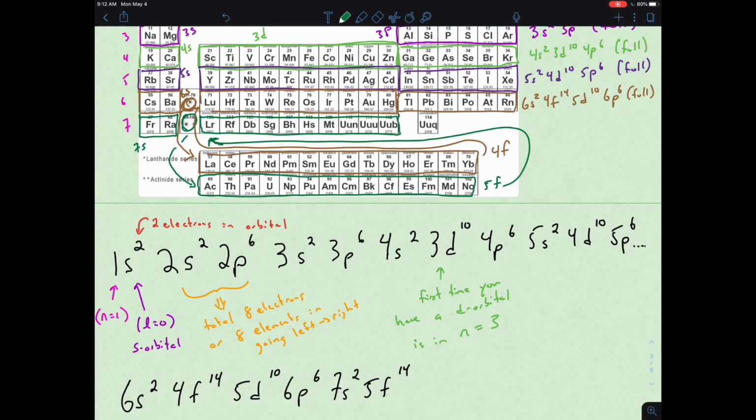And then we can fill out the rest of the bunch there as far as that goes. So I'm just going to make that arrow a little bit better. So that means we then went from the 5f up to the 6d, and then we're filling out the 7p6.